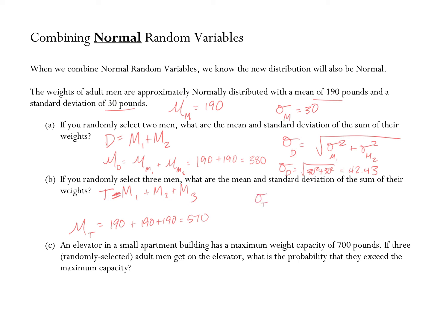And the standard deviation of T would be the square root of 30 squared plus 30 squared plus 30 squared. More variables equals more squareds being added together. 51.96. Cool.